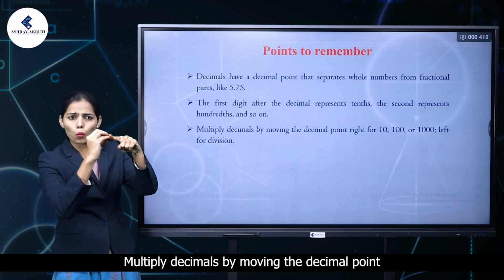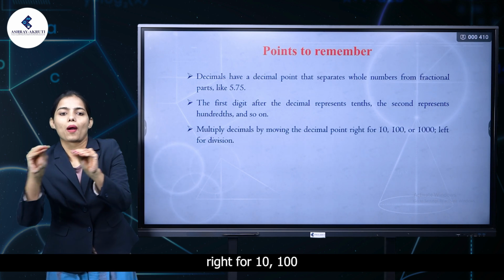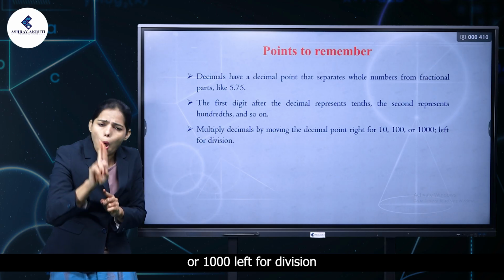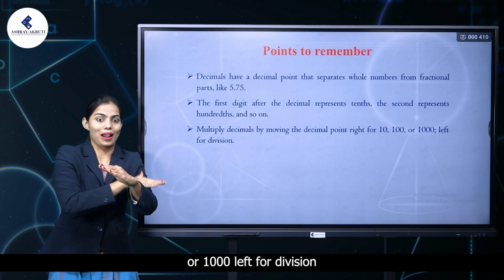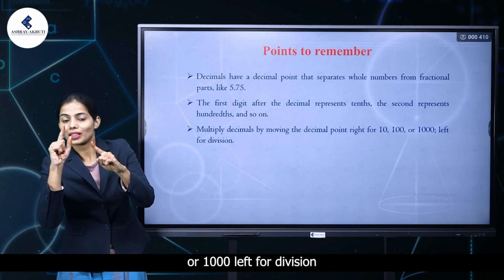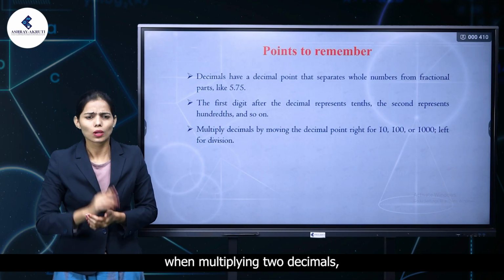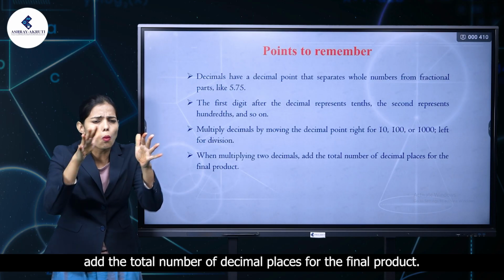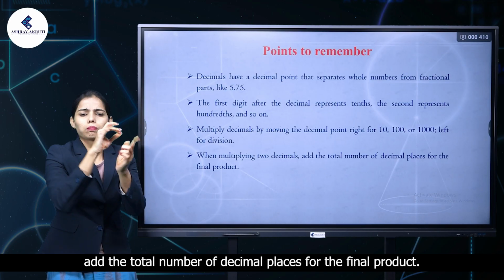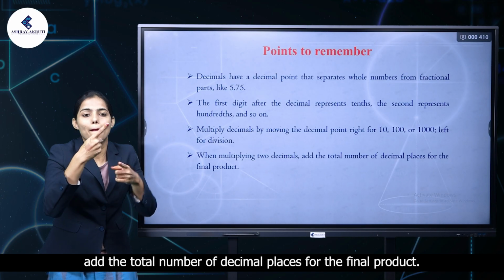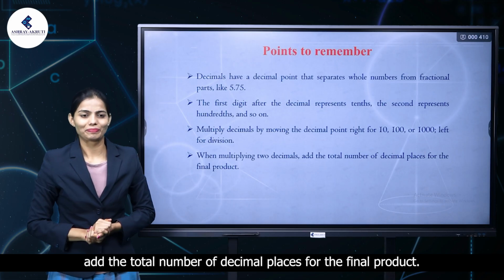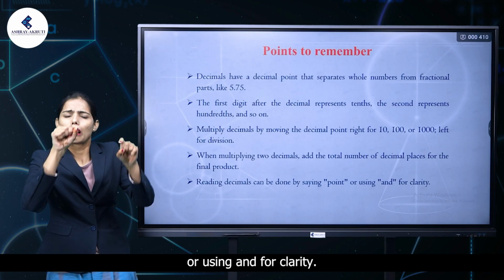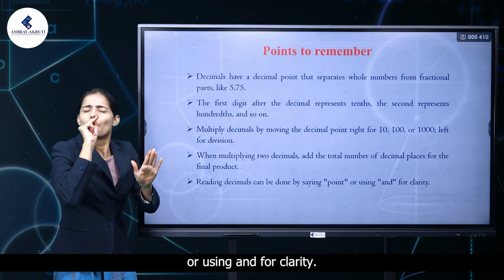Multiply decimals by moving the decimal point right for 10, 100 or 1000, and left for division. When multiplying two decimals, add the total number of decimal places for the final product. Reading decimals can be done by saying point or using and for clarity.